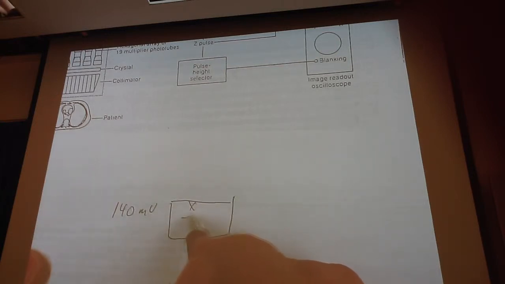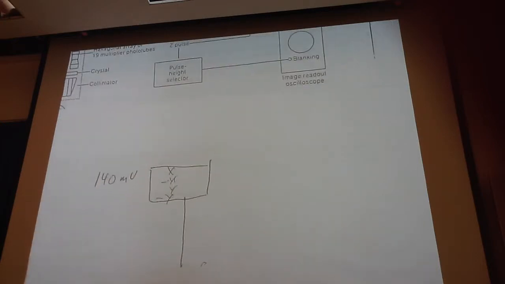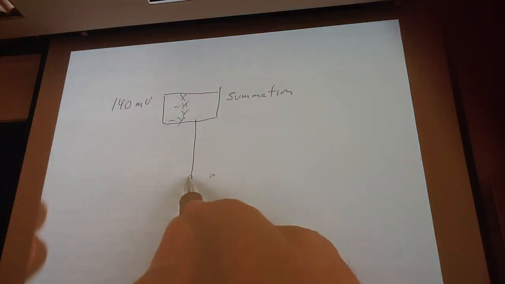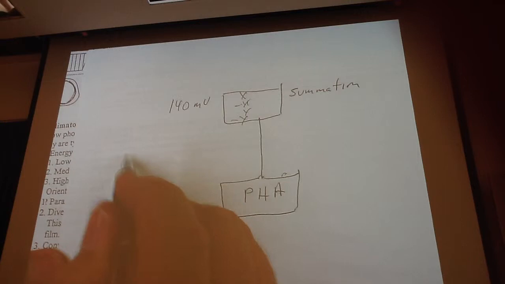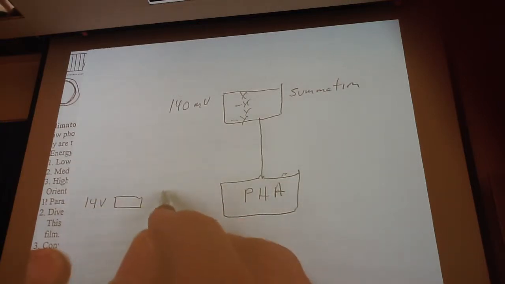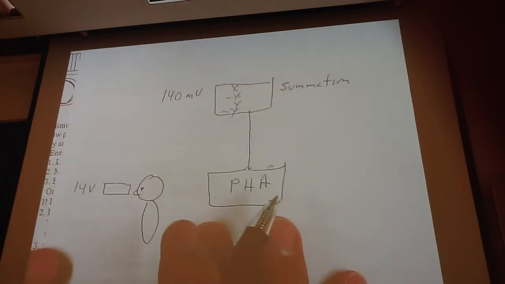So here's my X, Y, minus Y. And in order for it to get detected, this is my pulse height analyzer, and it has a little window slit at 14 volts. So you can look through that window at 14 volts.